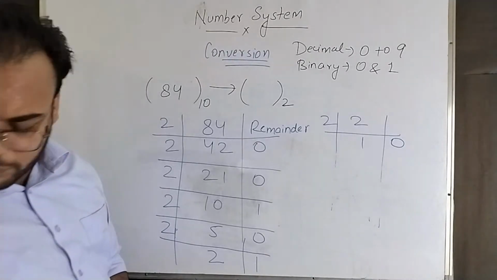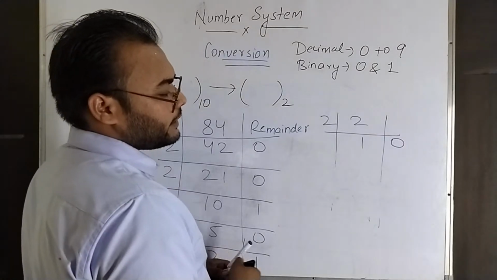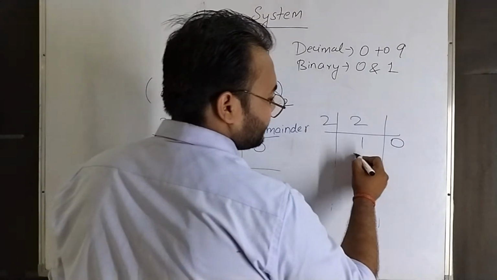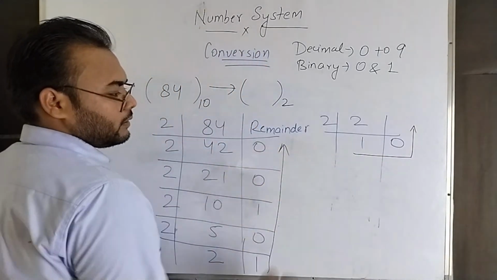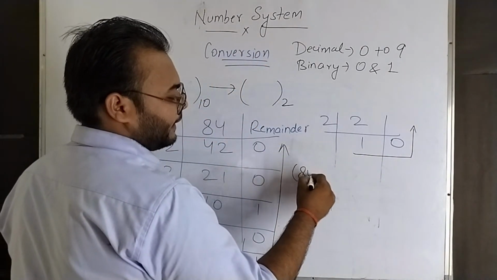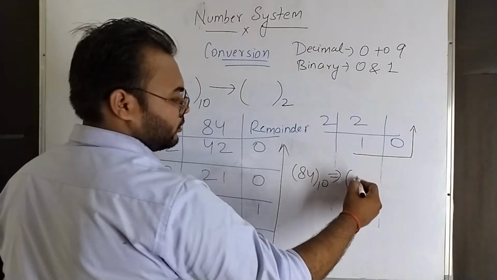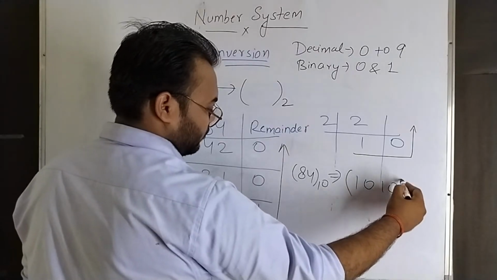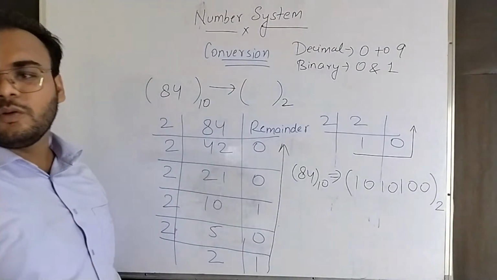I already told you we have to use that bottom to top approach. So this was the last digit. We will go upside and it will come like this. Right? So what we are going to do? We are going to write 84 base 10 equals 1010100 base 2. Whose answer is correct?